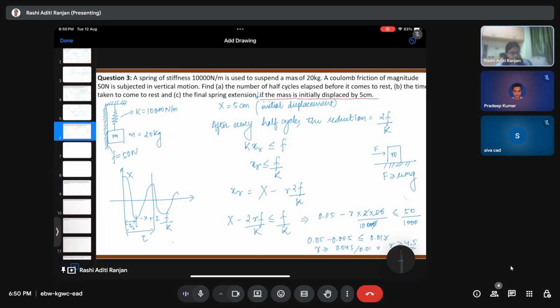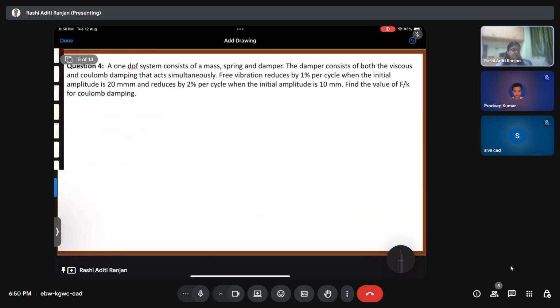All right, coming on to question number 4. Okay, so the question number 4 says that for a 1 degree of freedom system that consists of a mass, spring, and damper. Okay, the damper consists of both the viscous and Coulomb damping that acts simultaneously. Okay, which means that there are both the components C x dot, and along with that there is friction also.